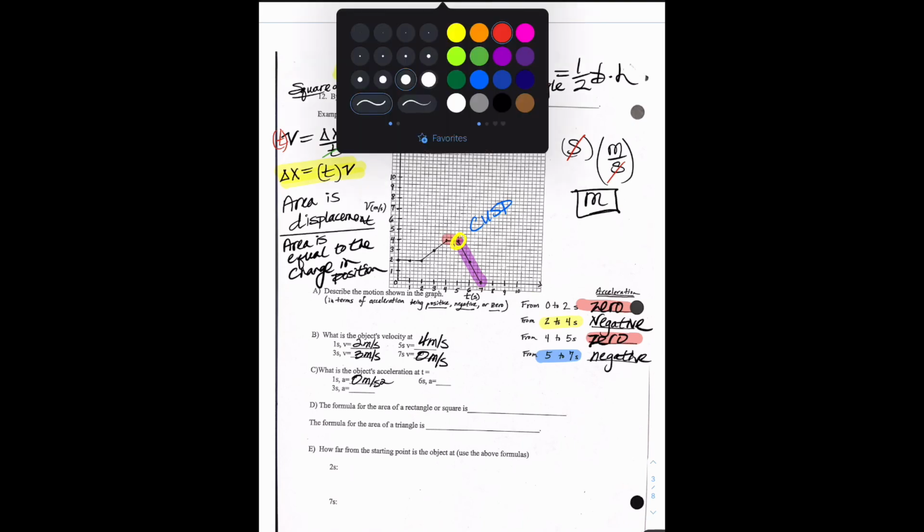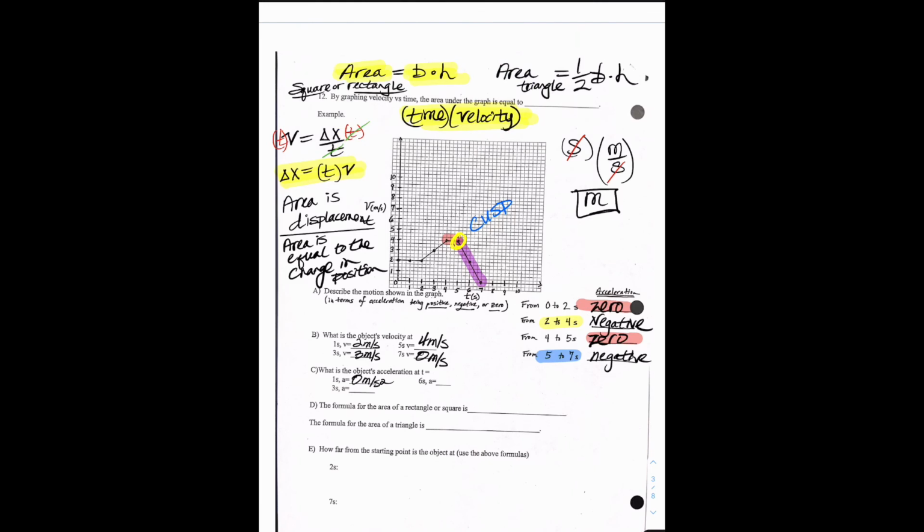Let me put that 0 section in maybe a different color. Maybe, I don't know, green. Okay, so which slope is it part of? Is it part of the 0 slope or the negative slope? And we don't know. So therefore, if that question was asked, you would say that the acceleration is undefined there.